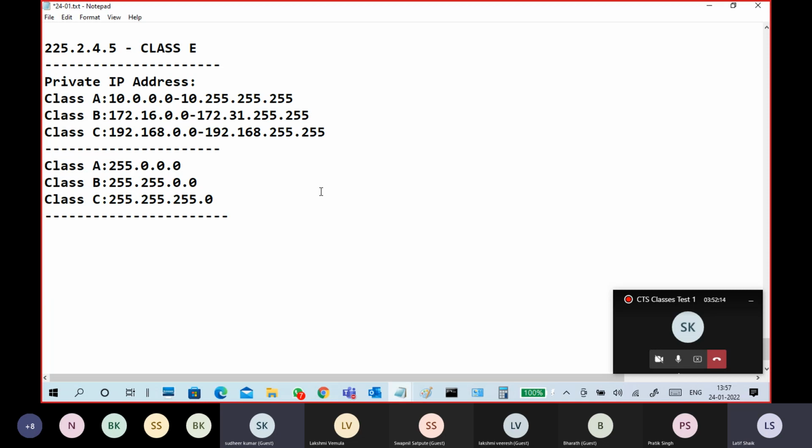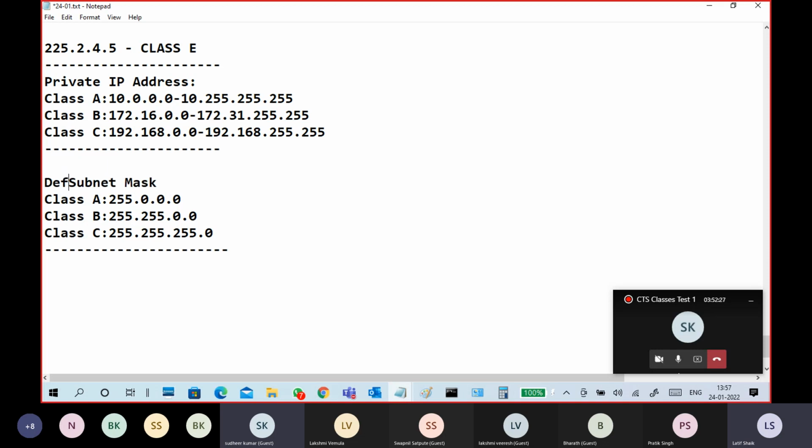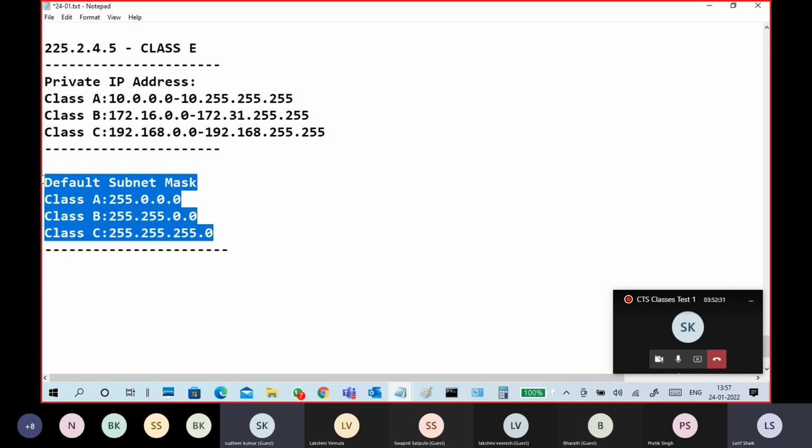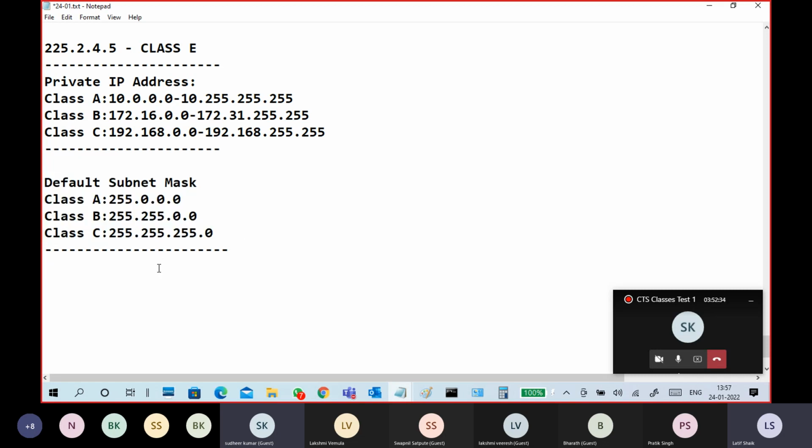This is the subnet mask. Compulsory explanation of the subnet mask is there. Before that, what is a network. The default subnet mask of class A, class B, class C is there.